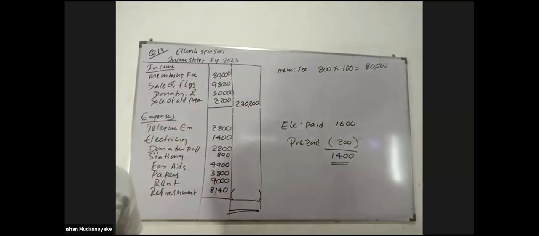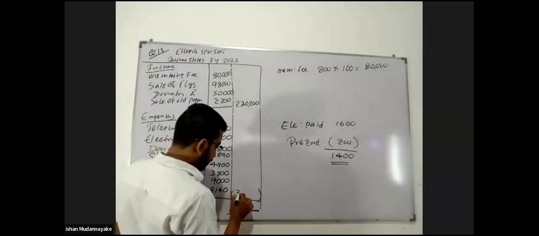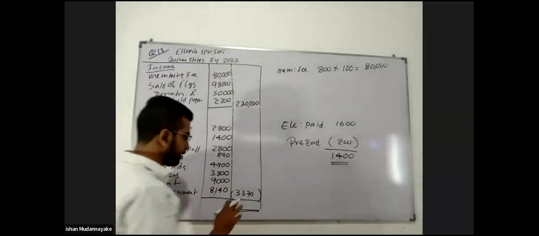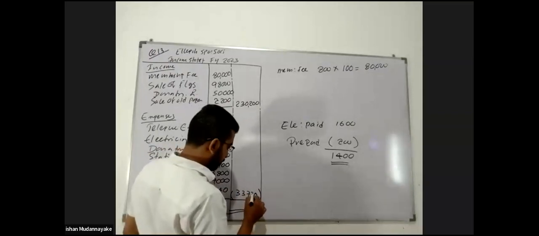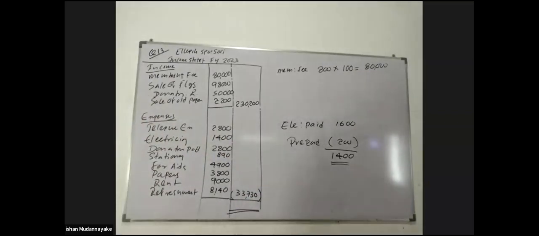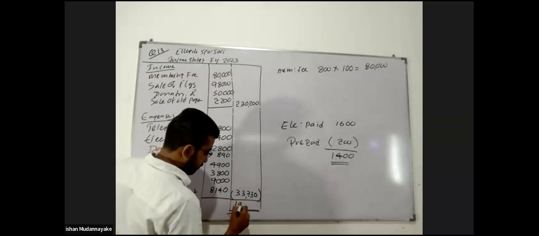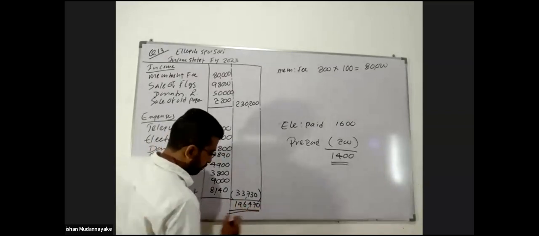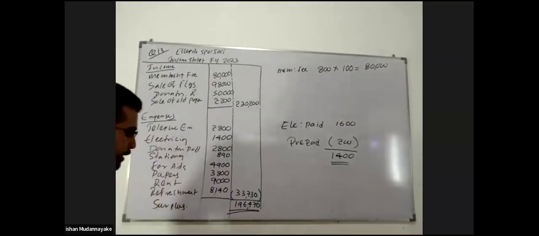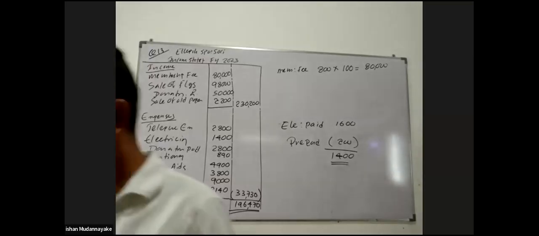Total expenses how much? 33,730. Then surplus or deficit. Surplus how much? 196,470 surplus.